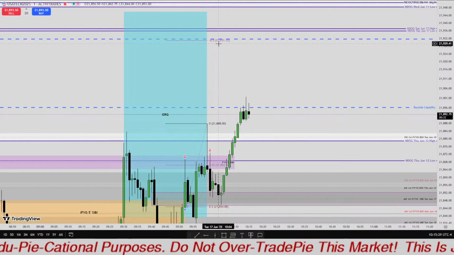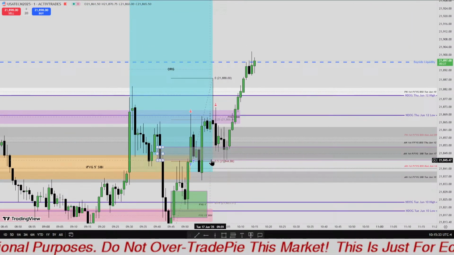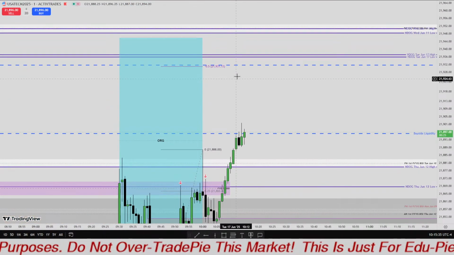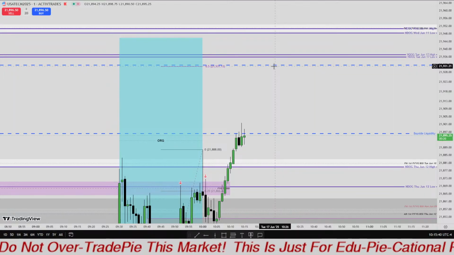You can see the 50% projection of the high to the low of open range is right below this buy side liquidity from Asian session.